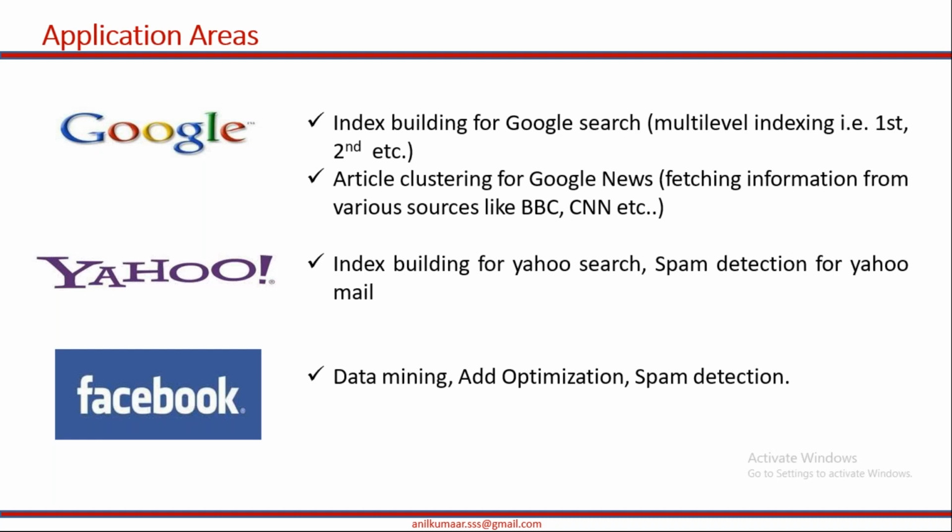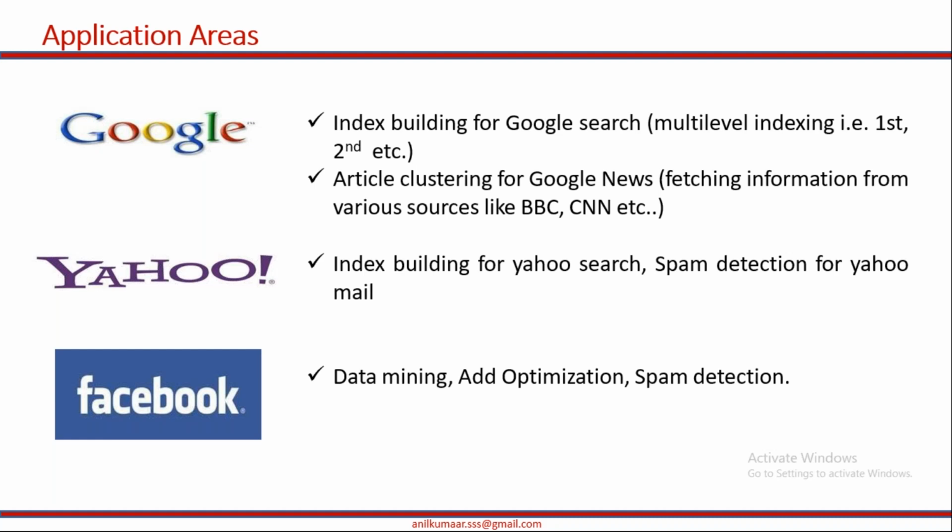Once Naresh marks that as a spam mail, Yahoo makes sure that this particular mail is not reaching other Yahoo users. For example, I'm also using the same Yahoo email ID, and it's not reaching my inbox. Whenever I get such mail, like you won the UK lottery or US lottery with this many euros or dollars, that mail goes to the spam folder. That's about spam detection.